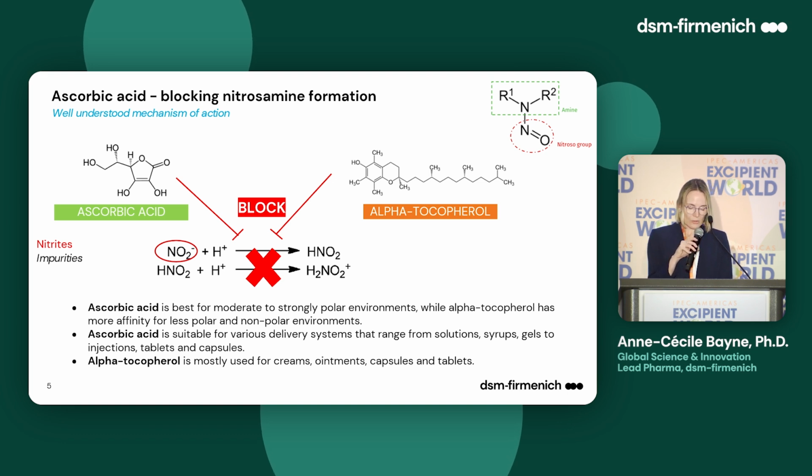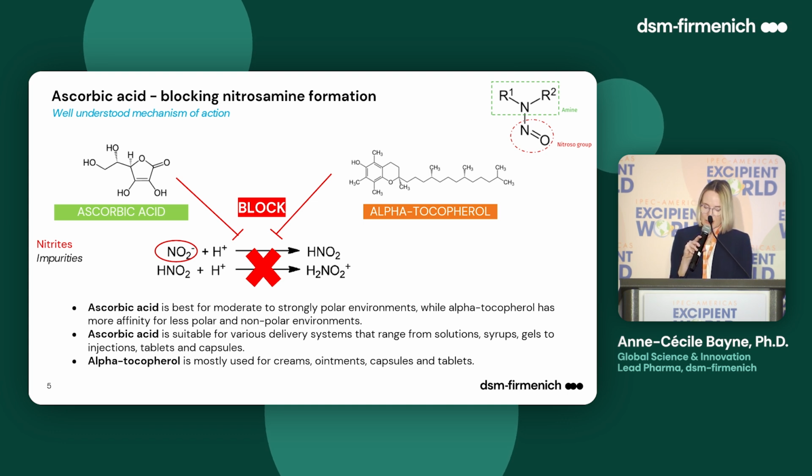Both ascorbic acid and alpha tocopherol can interact rapidly with the nitrosating agent, and in this way they stop the nitrosamines from being formed. This is really a redox process, and they reduce the nitrosating agent to non-nitrosating nitric oxide, and without nitrosating agents, no nitrosamines are formed.